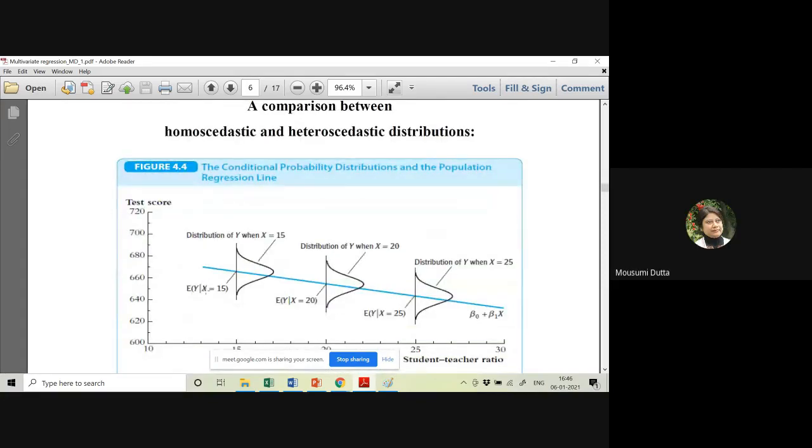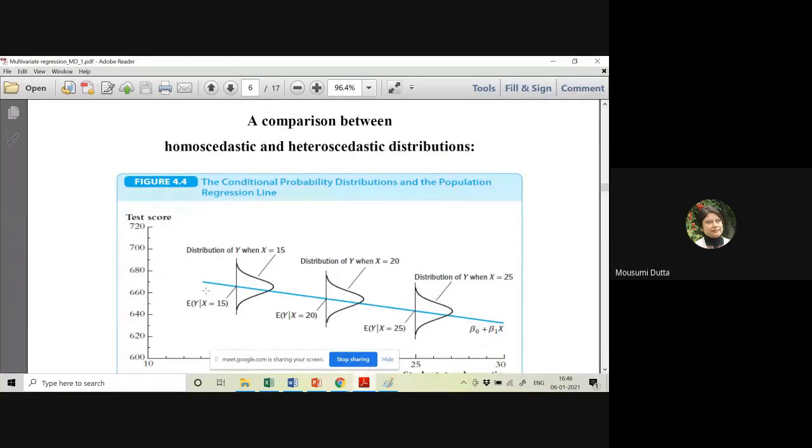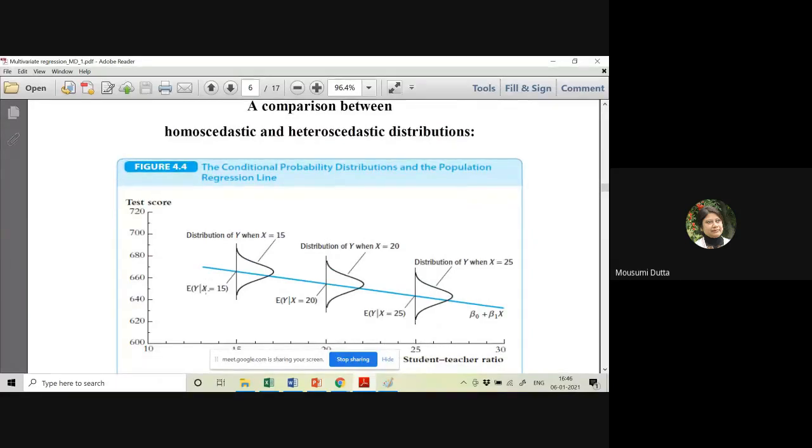Okay, so maybe you know all these things. However, to understand the difference between homoscedasticity and heteroskedasticity, here we have a line fit with scatter around the line fit, and we may consider this kind of distribution of the scatter at each and every point. We are considering the distribution at x equal to 15, 20, and 25.